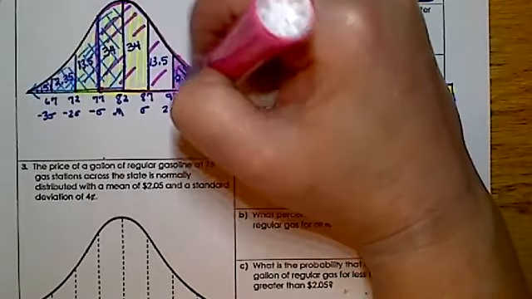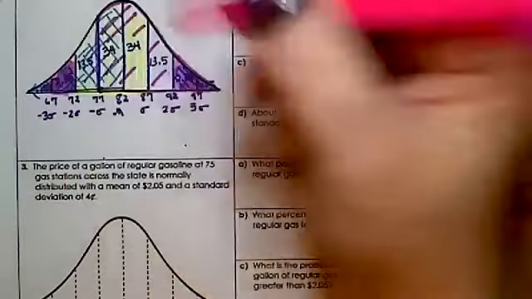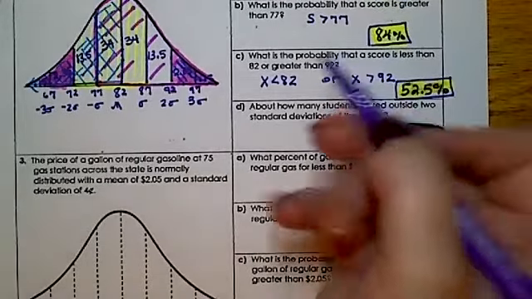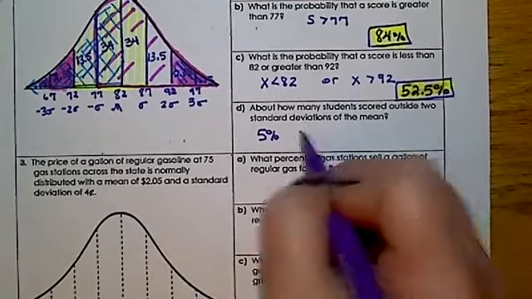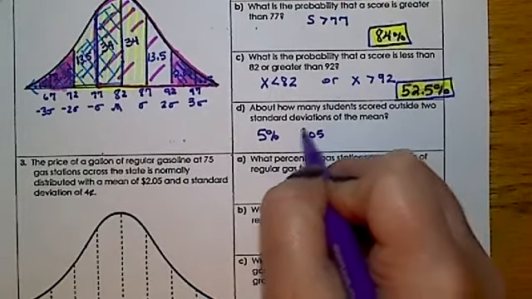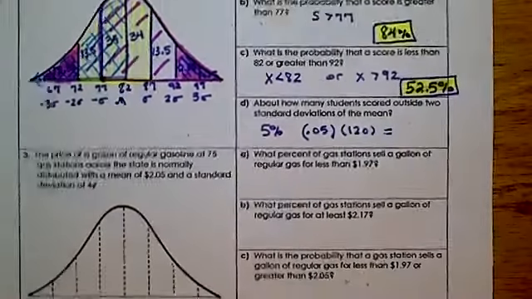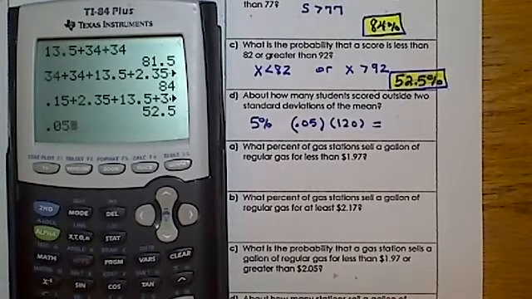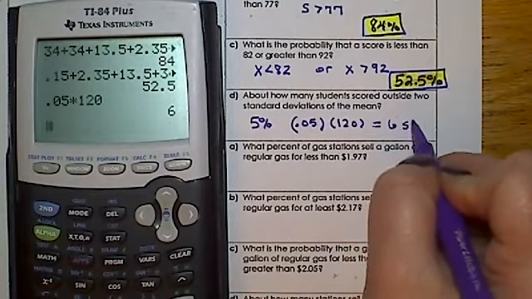So it would be here and there. So if you recall, that would be 5% because the other portion is 95%. So we would have 5%, and you could add those up if you wanted to. So we would have 0.05 times 120 to see about how many students that would be. So we're taking 5% of 120. So that's approximately 6 students.